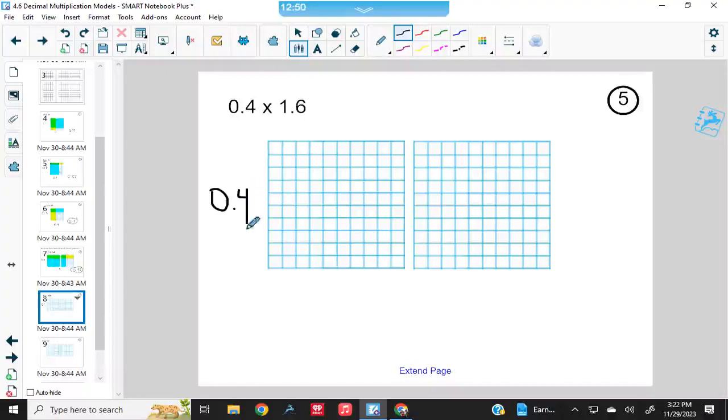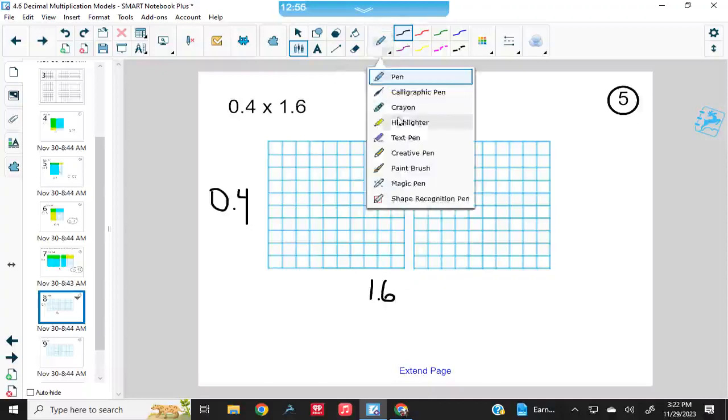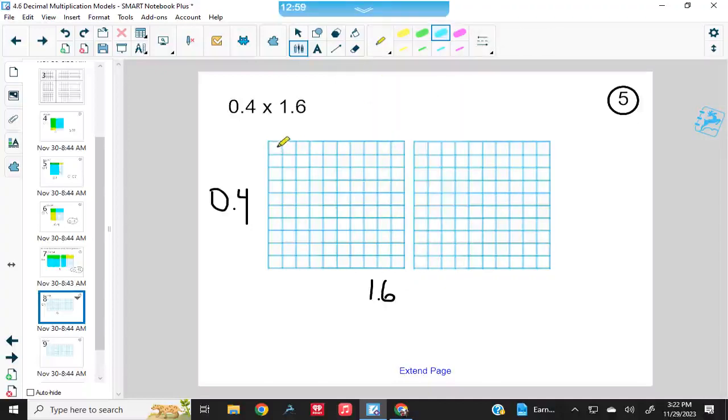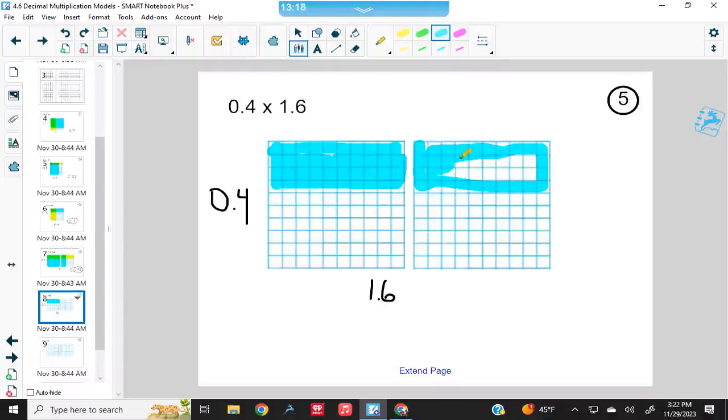All right. I have 4/10 and 1 and 6/10. So again, we can go back here. 1, 2, 3, 4. And I have to make sure that I do this to both. I'm going to do this to both base 10 blocks. 1, 2, 3, 4. Now I need to change my color.